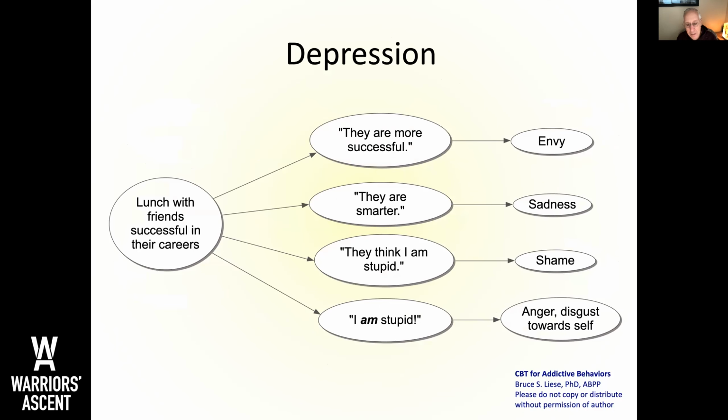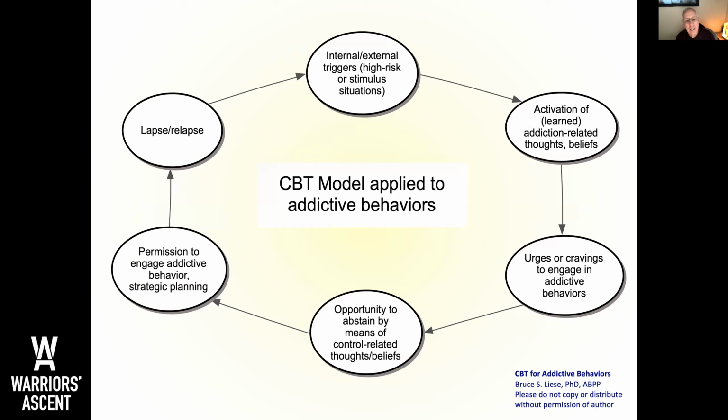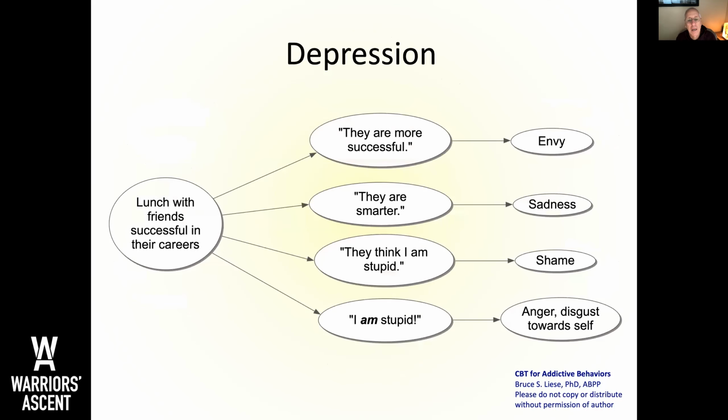For depression, so this is for addictive behaviors. For depression, internal triggers might be a conversation with somebody during lunch, or a group of friends, and then while they're walking away saying, I had a wonderful lunch with friends, you might walk away, if you're a person that gets depressed, thinking they're more successful, they're smarter, they think I'm stupid, and you may even think I am stupid.